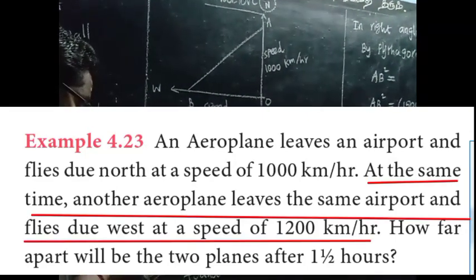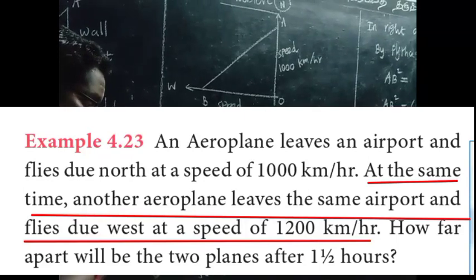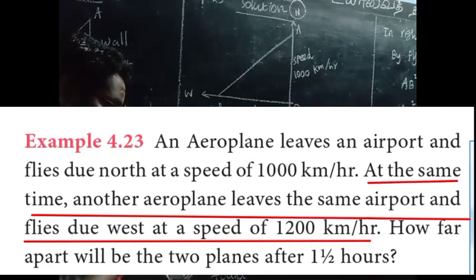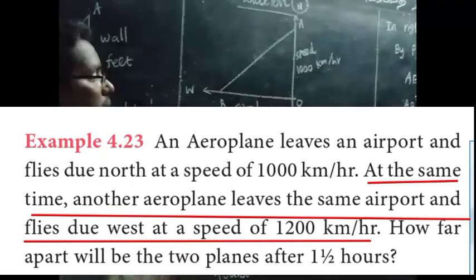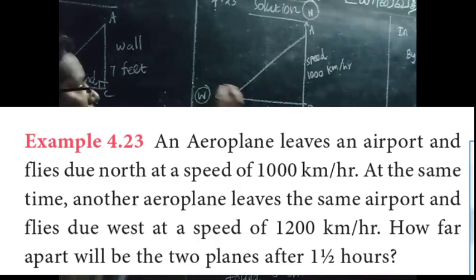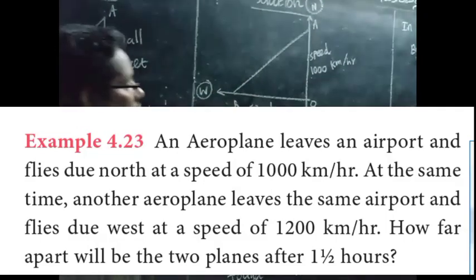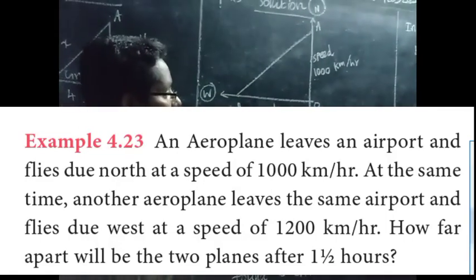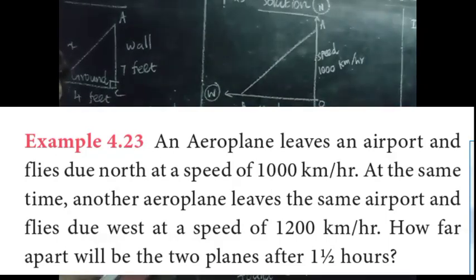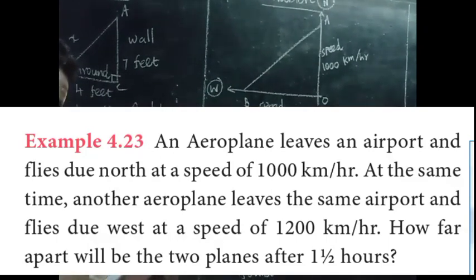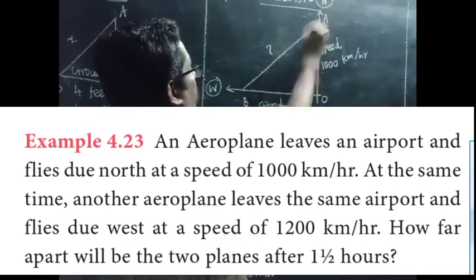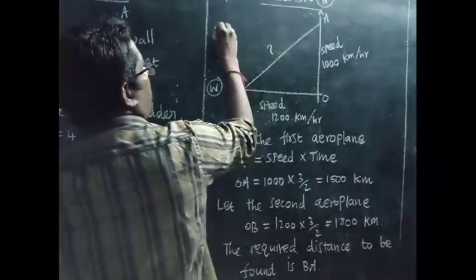At the same time another aeroplane leaves the same airport and flies due west at a speed of 1200 km per hour. The second aeroplane goes west. How far apart will the two planes be after 1.5 hours?